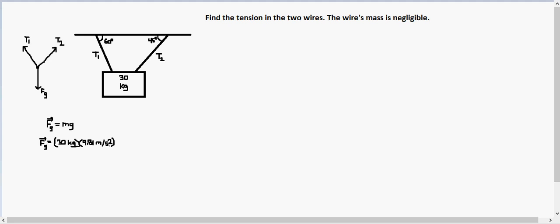Plug that in your calculator. You should get about 294.3 newtons. So that's the force of gravity acting on this object.